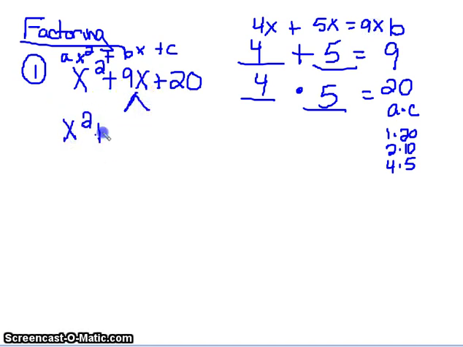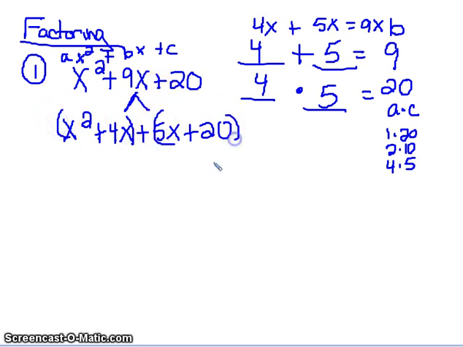I have x squared plus 4x plus 5x plus 20, and I can group these together. First two group together, second two group together. When I group the first two together, their greatest common factor is x, and so I can factor out the x.